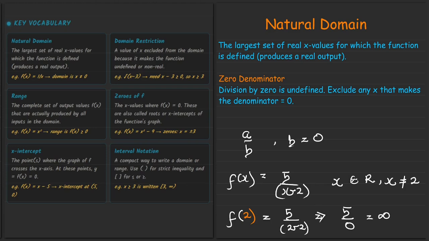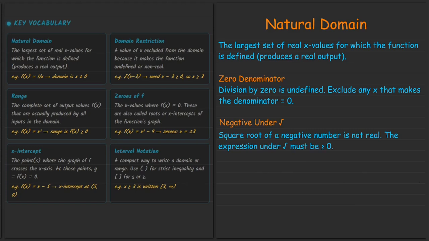The next restriction we want to look at is the negative under the radical sign. Now, in the domain of real numbers, the square root of a negative number is not real. For instance, if we have square root of negative 1, then we know what it becomes. It becomes an i, which is an imaginary number. And we don't want to work with imaginary numbers. We want real numbers.